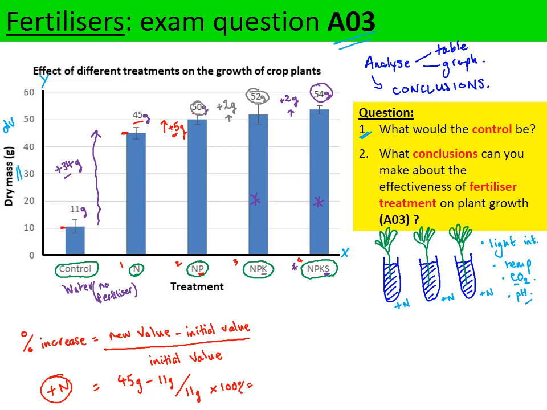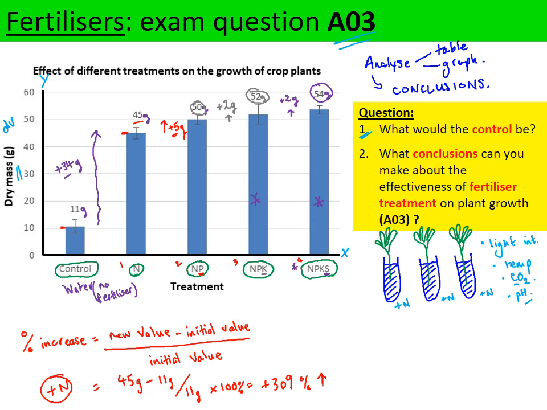So we'll put percent there. If we just do the maths, we're going to get 309% increase in dry mass just through the addition of nitrogen alone.